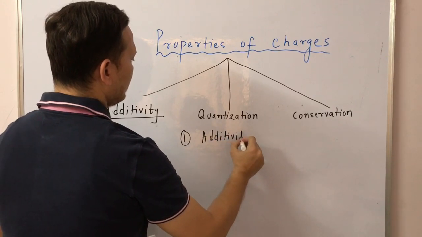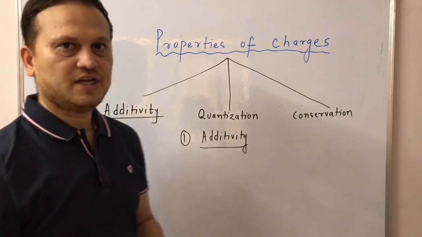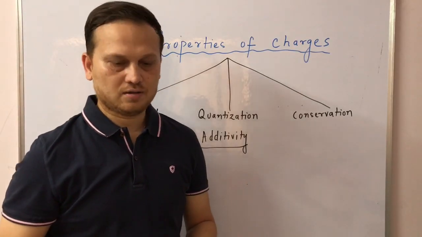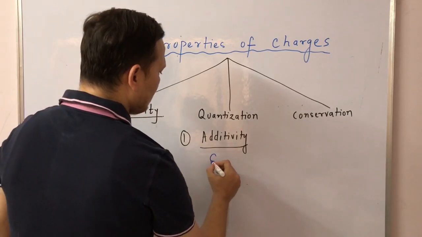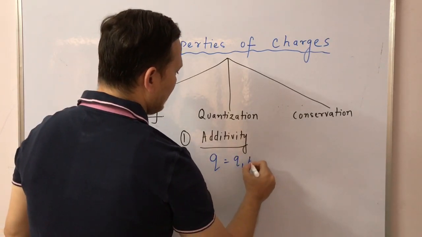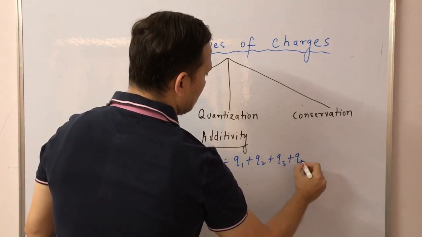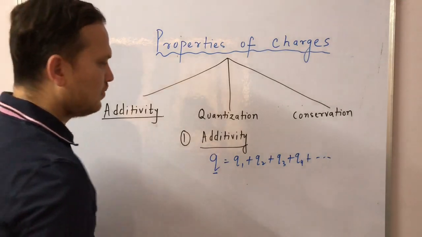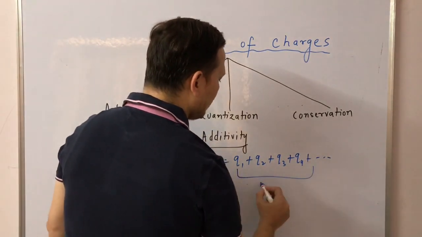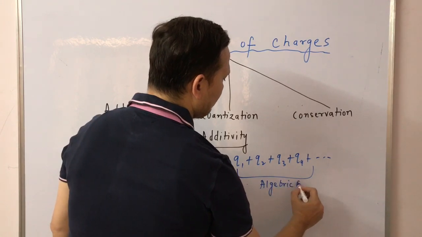Now what is additivity? Additivity means the charges have a nature of additivity. The nature of additivity means the charges can be added easily. It means the total resultant charge will be an algebraic sum of the other charges.